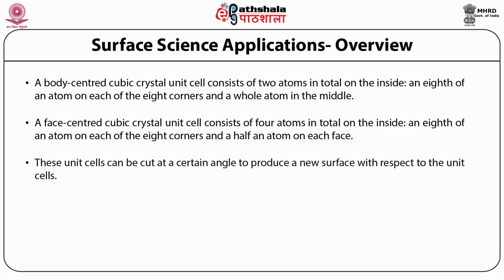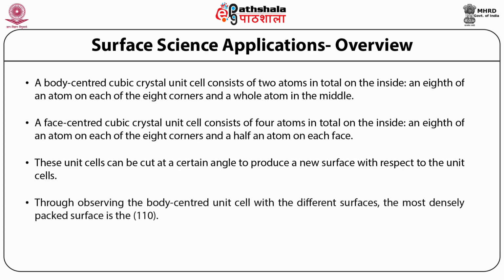These unit cells can be cut at a certain angle to produce a new surface with respect to the unit cell. The most common surfaces of a cubic crystal are 001 or 100, 110, and 111. These three common cubic surfaces of the body-centered and face-centered unit cells are shown by observing the body-centered unit cell with the different surfaces.